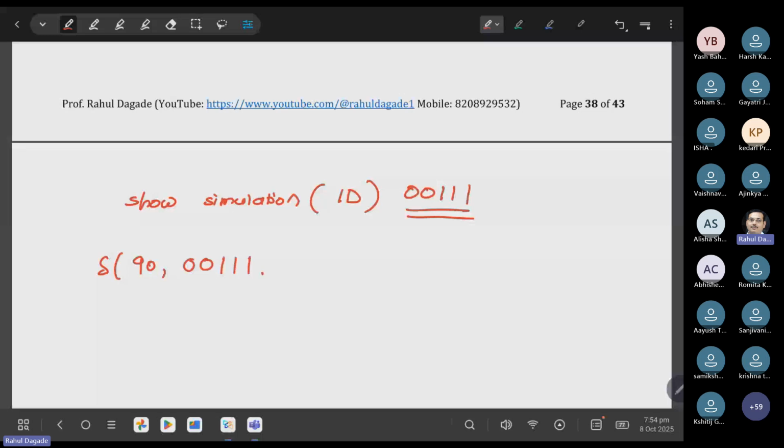Since 0 is not matching with S, we have to do a push operation. Which production is to be pushed so that we can get that string? S gives BD, so BD Z0.